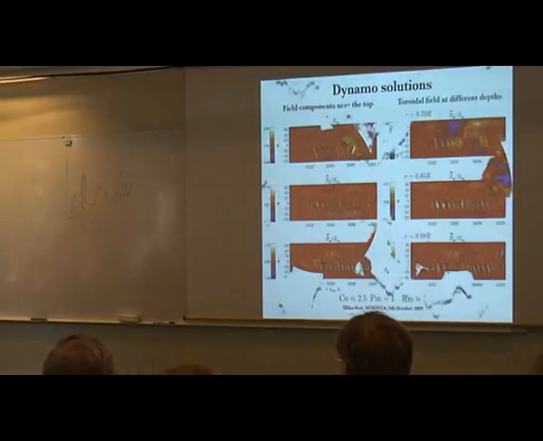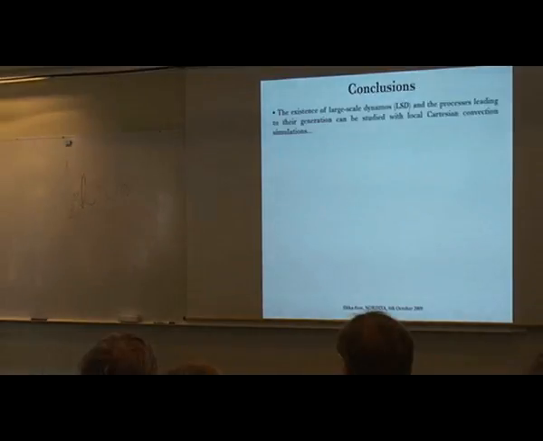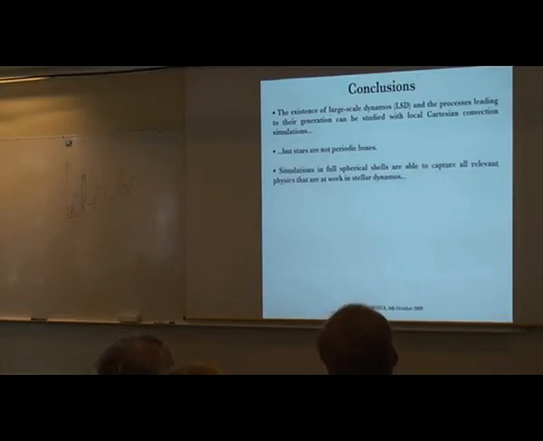Okay, I think that was all that I had, so I have some conclusions. First of all, local models in Cartesian geometry can be used to study the excitation of large-scale dynamos, but stars are not very big boxes.